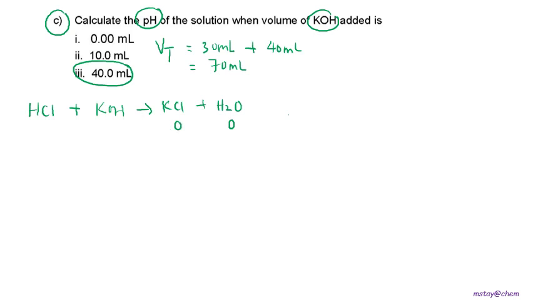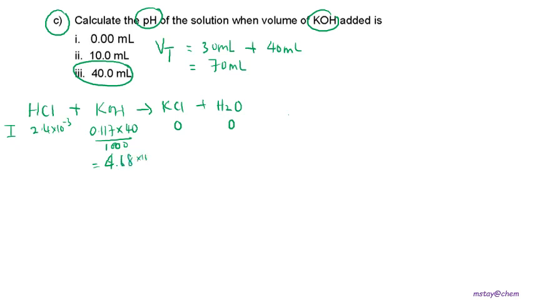As previously calculated, the initial number of moles of HCl is 2.4 exponent negative 3. For the KOH, this time the concentration is 0.117, and the volume is 40 ml, so we divide by 1000.